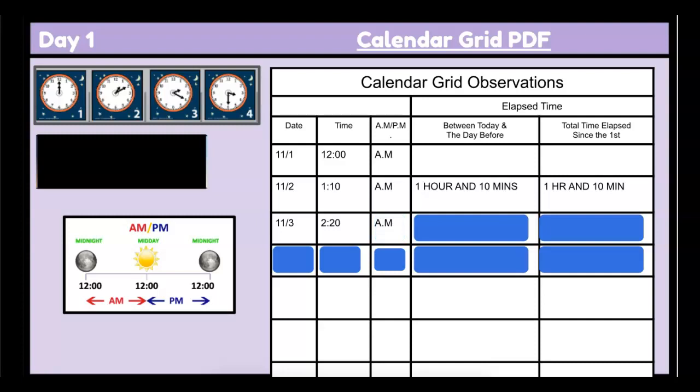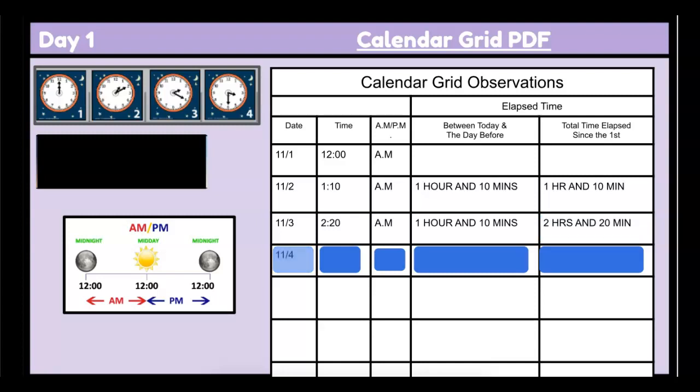Now, between the times 1:10 and 2:20, between today and the day before, it is an hour and 10 minutes. Okay. Now our last column is the total time elapsed since the first. So if we look at the first, it was 12 o'clock AM, and now it's 2:20 AM. So the total time elapsed since the first is 2 hours and 20 minutes.